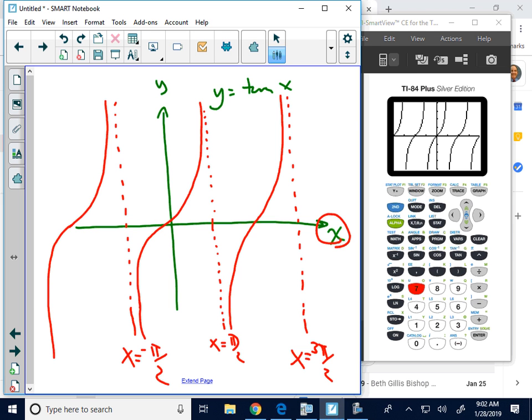And that's negative 3 pi over 2. Sorry, we need the asymptote: x is negative 3 pi over 2.